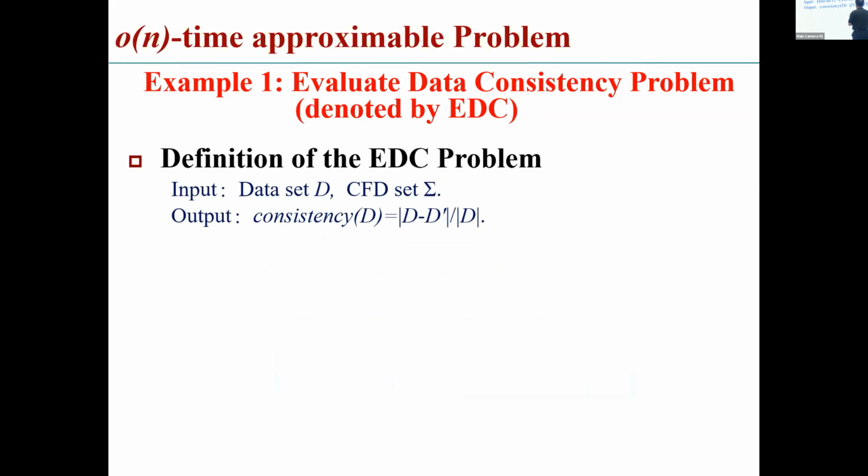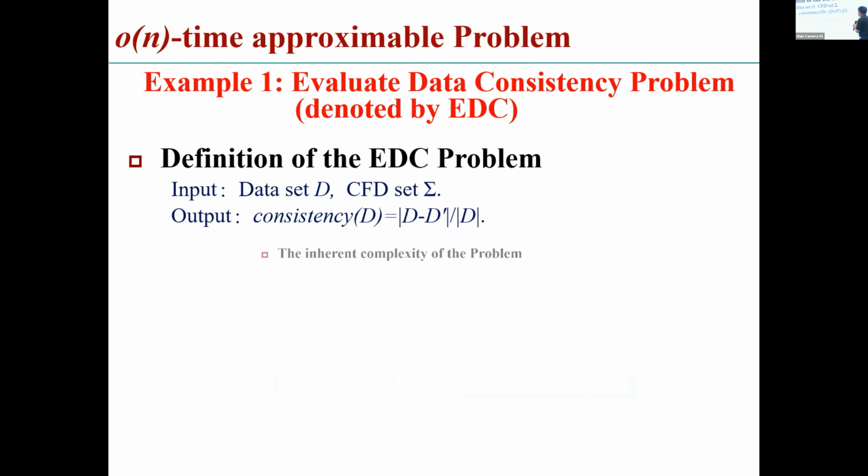The input is data set D and CFD set sigma. The output is the consistency of D equal to this. So this is very difficult to compute. It makes the problem very difficult.